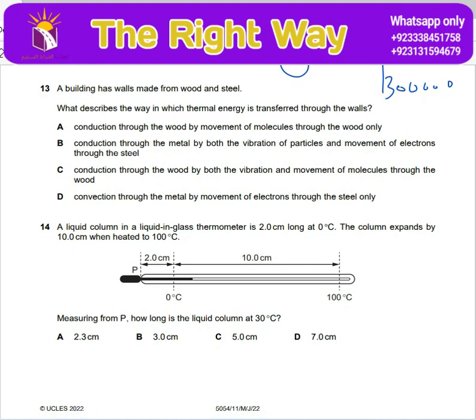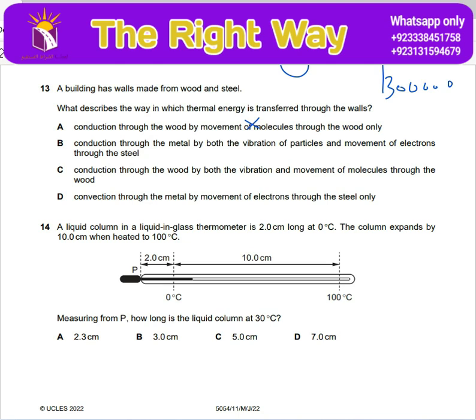A building is made from wood and steel. What describes the way in which thermal energy is transferred through the walls? Conduction through the wood by the movement of molecules through the wood. In wood, we are not going to get energy through the movement of molecules or by conduction.